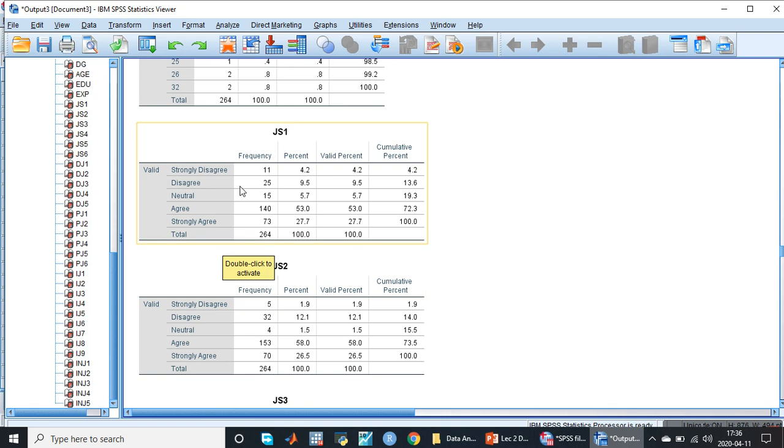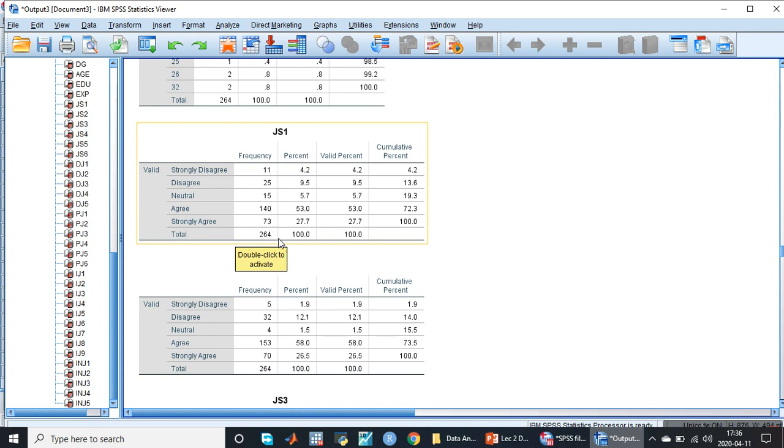Job satisfaction. If we look at job satisfaction question 1, here we have collected the data from 264 individuals, and out of 264, 11 were strongly disagree. They were strongly dissatisfied with question number 1 of job satisfaction. 25 were disagree. 15 were on a neutral scale. 140 were agree, and 73 were strongly agree.